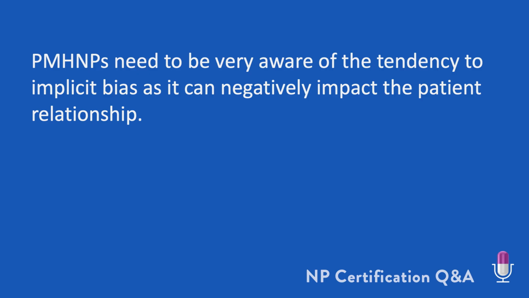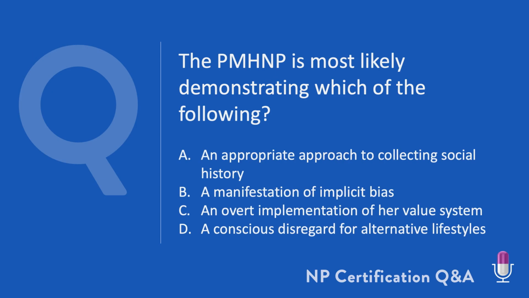So this question allowed us to review all of that, which is important, but also the other thing that I'll remind you before we end this question, that you always have to recognize that more than one answer could be applicable, but one will be the best answer. Like I said, in this case, could it be C? Sure. I'm sure that there are some clinicians out there who are thrusting their value system on the patient.